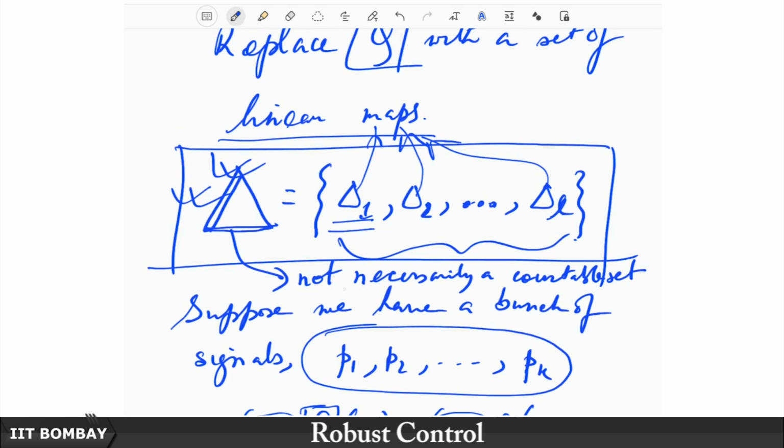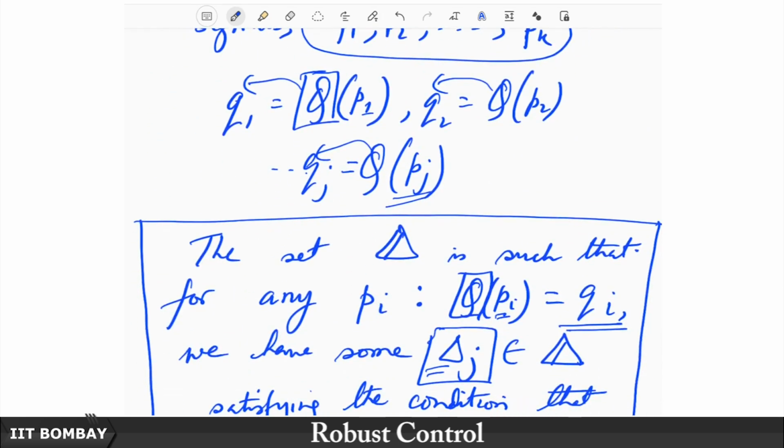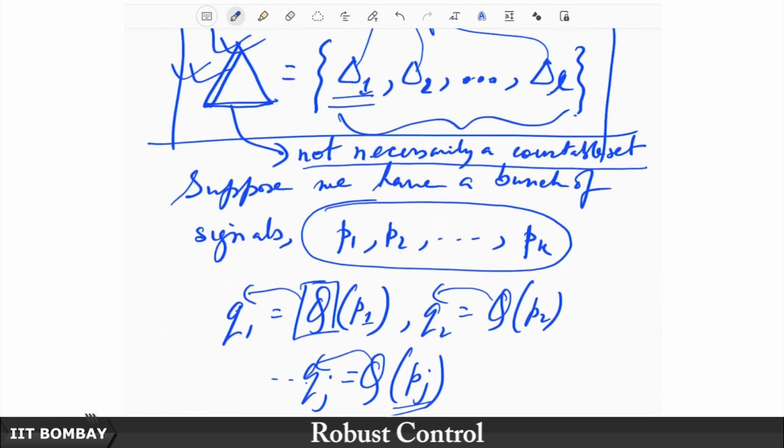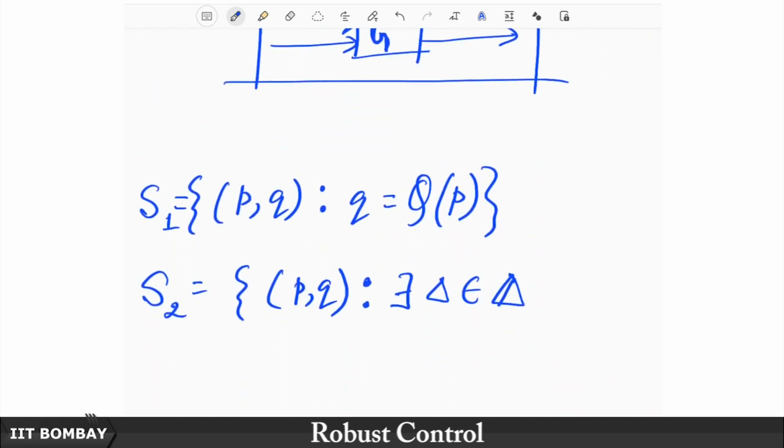But I have told you already that this set is not necessarily countable. This was just a toy example I wanted to explain to you, because it is always easier to map with the set of integers. But shortly we will take another example where you will see what I mean by the set not being countable. Anyway, let us get back to the problem at hand.